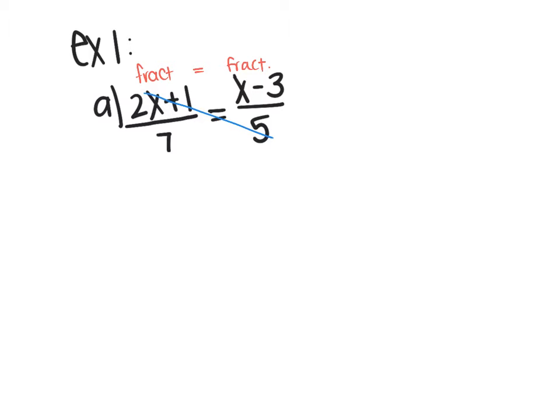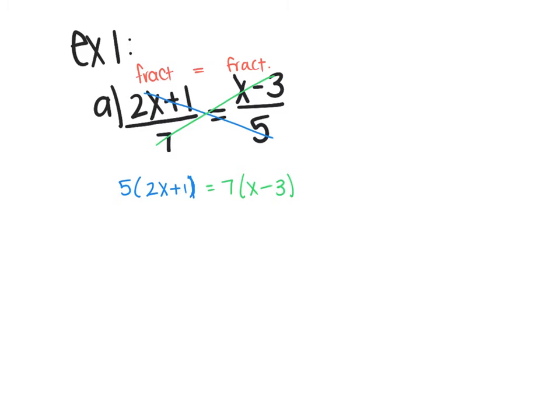So my first side says 5 times 2x plus 1. The other one is 7 times x minus 3. Now, order doesn't matter. So whether you want to write 2x plus 1 times 5 or 5 times 2x plus 1, I don't care, as long as you get it on the diagonals.